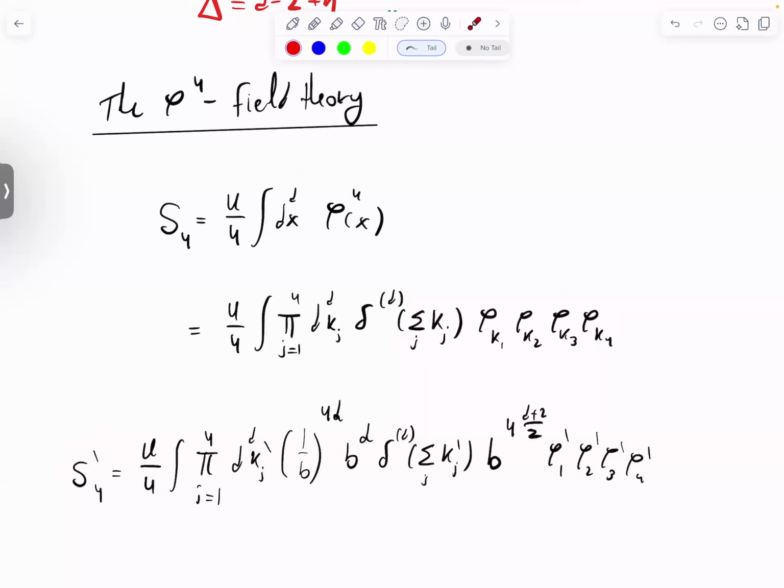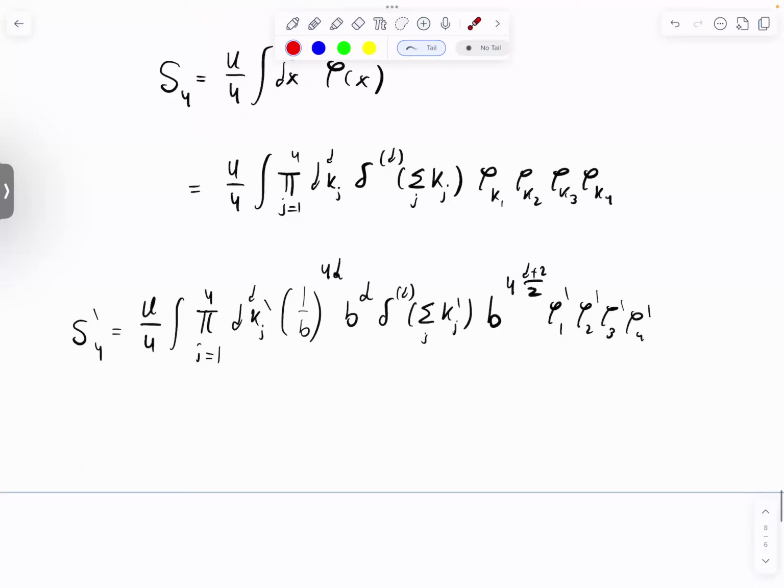Okay, so I'm just stretching. You'll see in a moment what I mean by that, or why it's important. But bear with me a second. Basically, what I want to argue is that this thing is equal to b. So if I add 4d to 2d, let me count powers of b, okay?